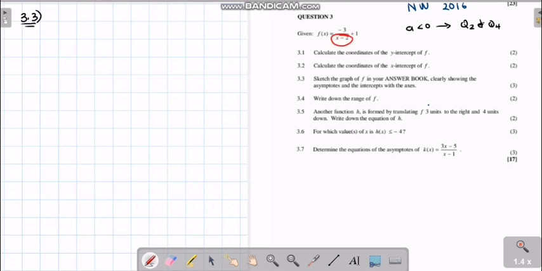Here's our first asymptote, vertical: x minus 2 is equal to 0, then x is equal to 2. Then the horizontal, y is equal to q, which is 1. Now let's try and sketch. Let's draw the x-axis and the y-axis, the Cartesian plane.